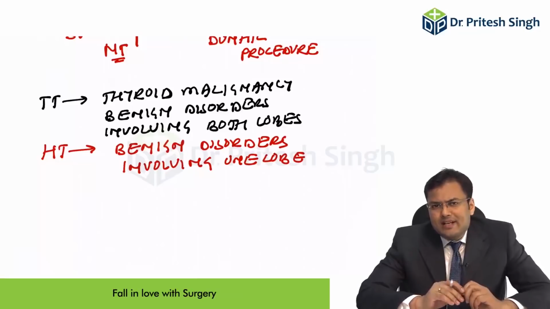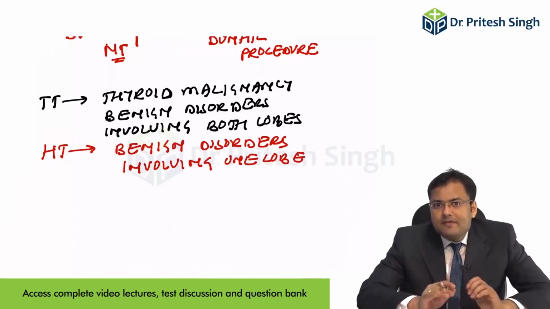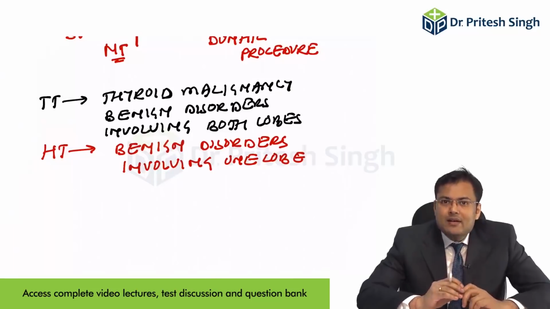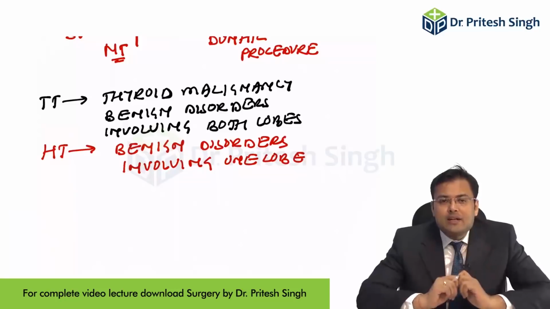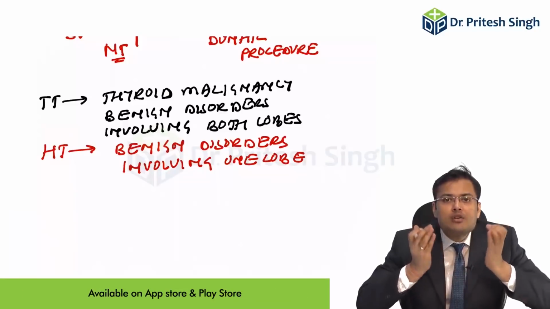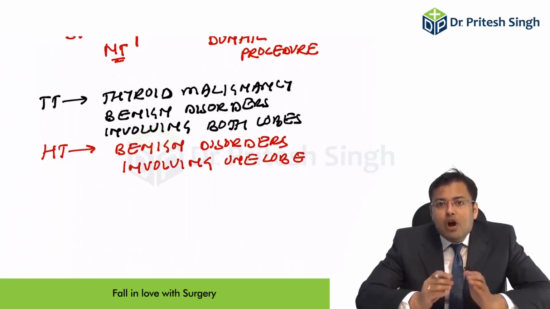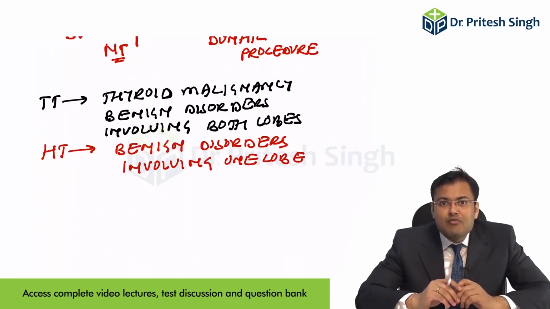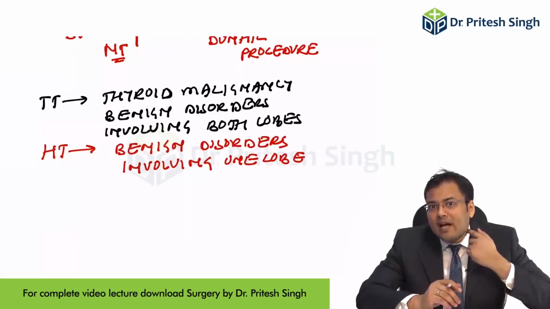Now, what is the indication of subtotal thyroidectomy? See, 50 to 70 years back, surgeons were performing subtotal thyroidectomy for multinodular goiter. But what happened? When prolonged follow-up was done for 20 to 30 long years, it was seen that there was recurrence from thyroid remnant.